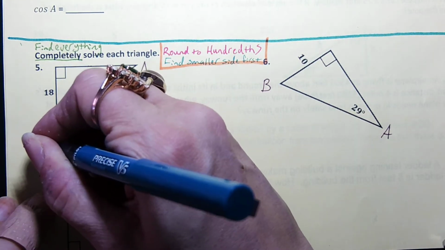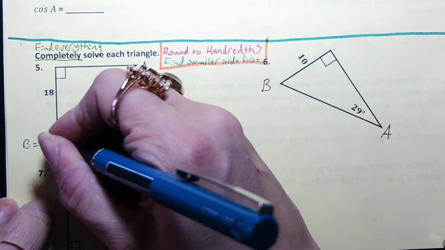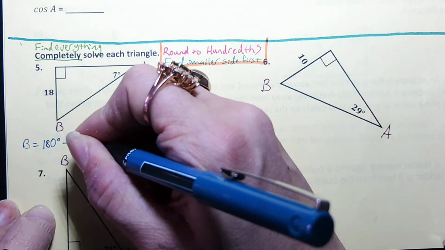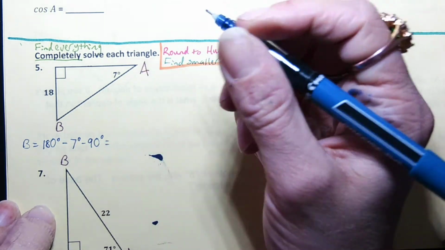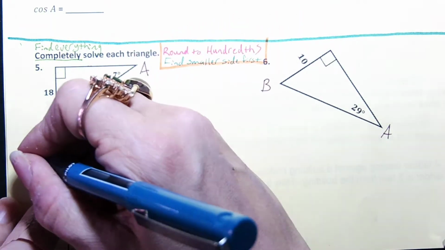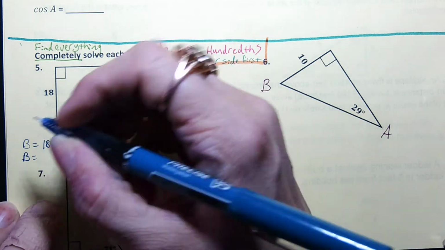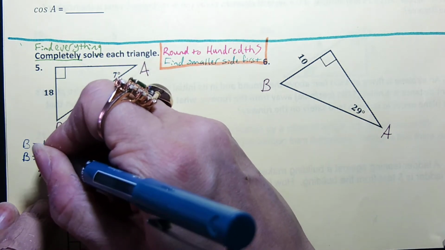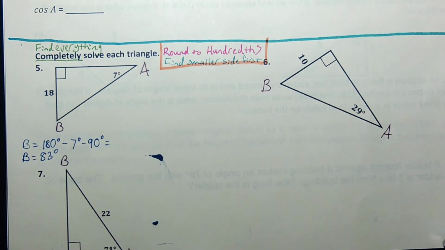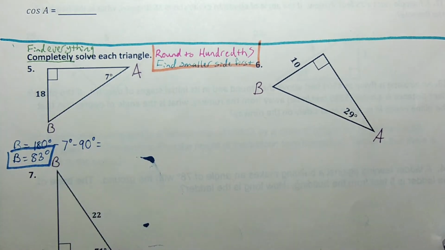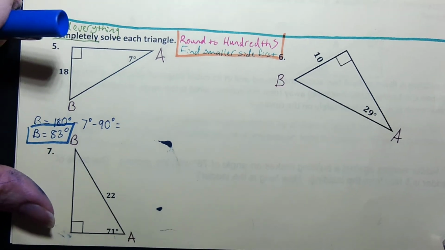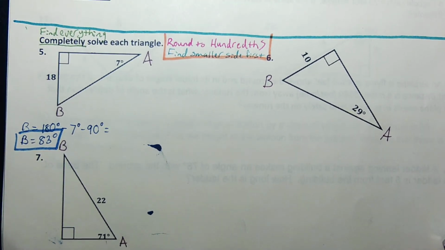B will be equal to 180 minus 7 degrees minus the 90 degrees. And that gives us angle B as 83 degrees. And folks, help me out, and on your review and on your test, put a box around your answers so I can tell what goes with what problem.